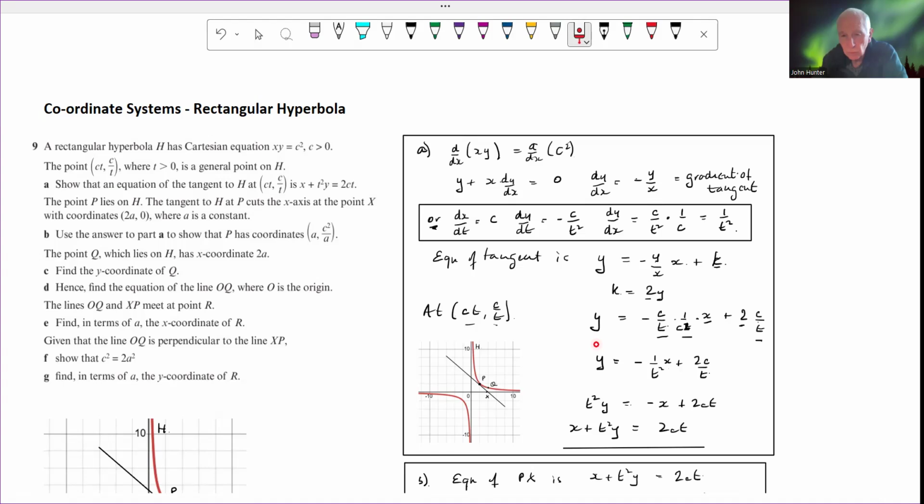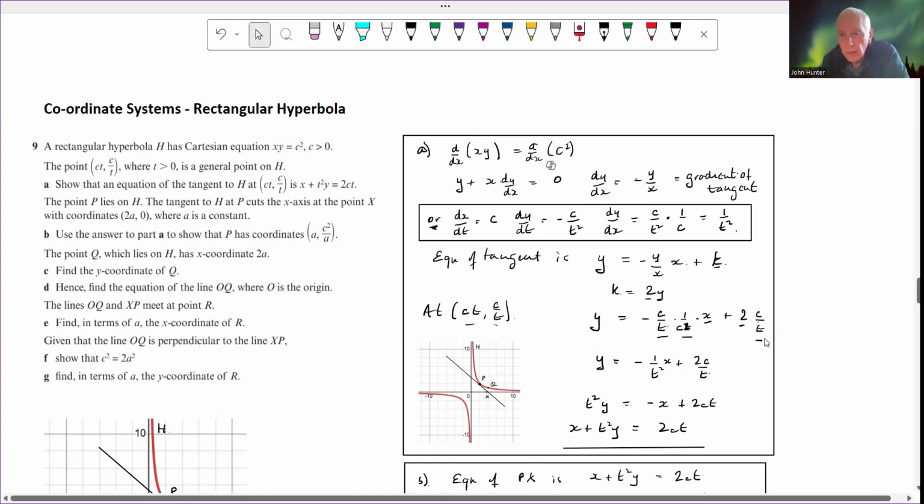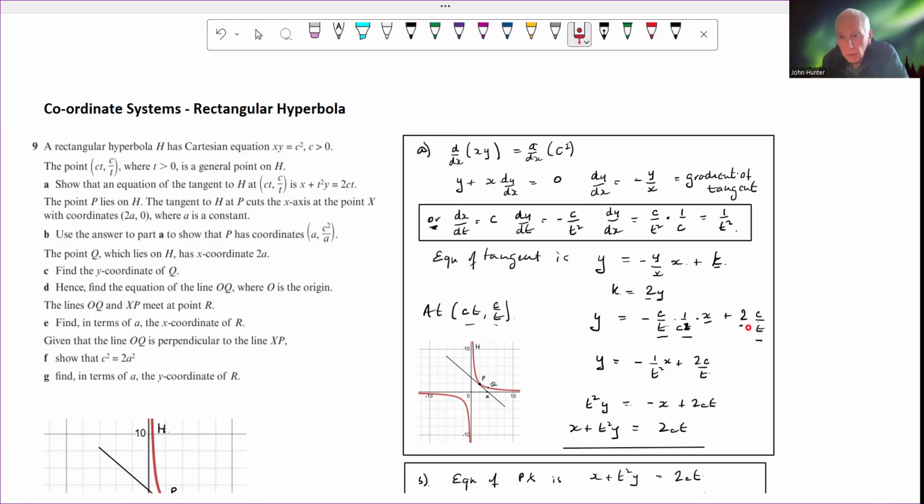Then if we plug that back in and use the general point in our gradient, this is minus y over x, that's ct there, and this is 2y from there.